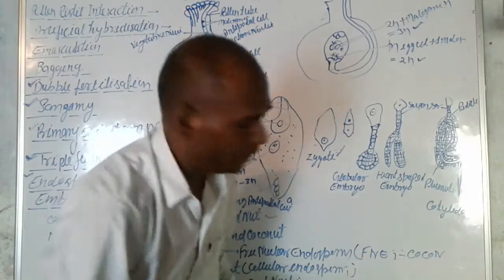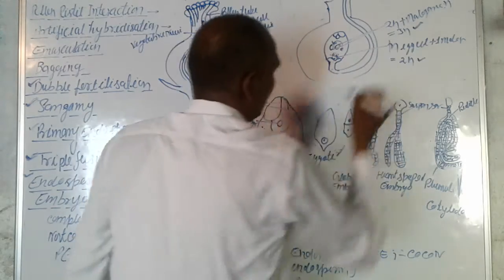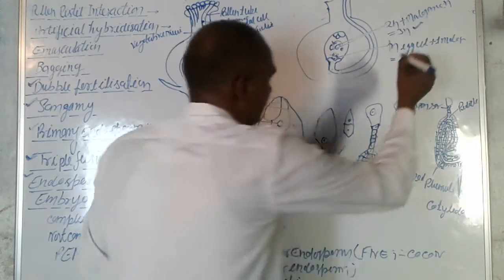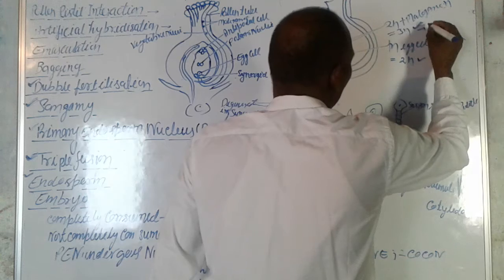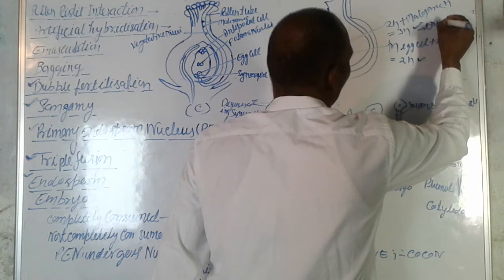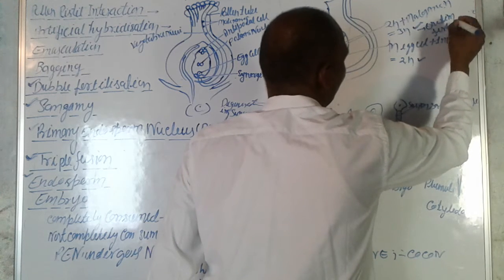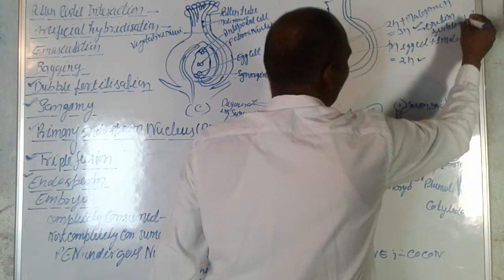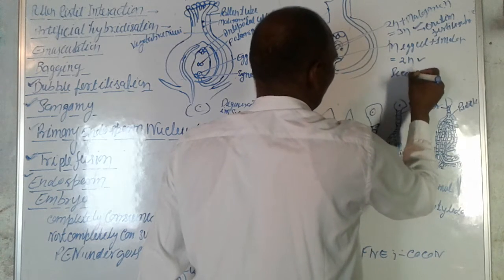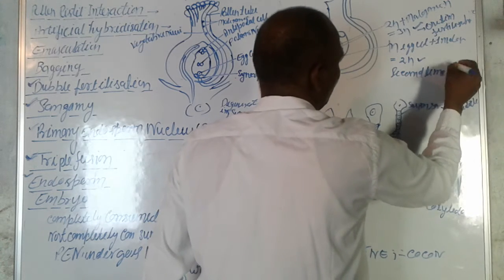We know this is triploid, and there is one fertilization and a second fertilization.